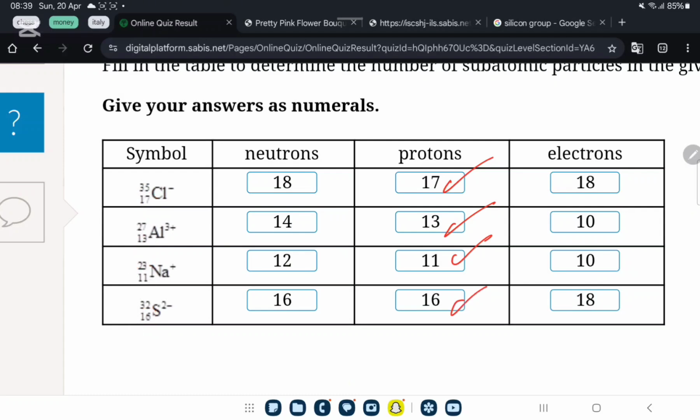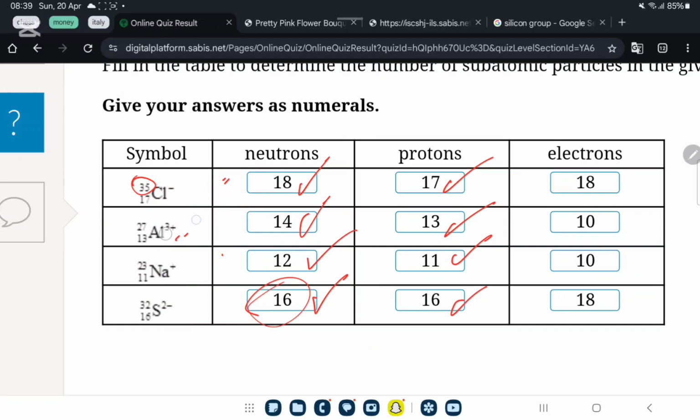And after that, to get the number of neutrons, 35 mass number minus protons, 35 minus 17 equals 18, 18 neutrons. 27 minus 13 equals 14, 14 neutrons. 23 minus 11 equals 12, 12 neutrons, and 32 minus 16 equals 16, so 16 neutrons.